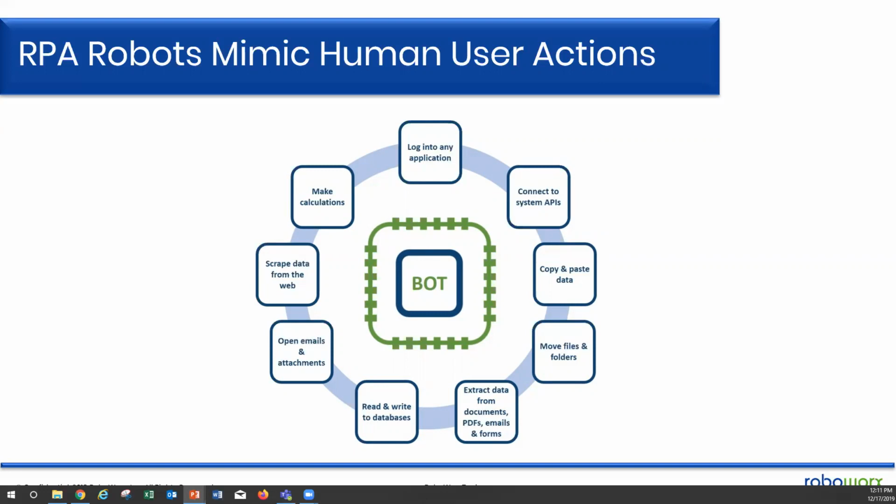So this robot is going to perhaps log into an Oracle system and look for a purchase order. And then it will log into an email system and it will receive an invoice. It will scan the invoice. It will look at the purchase order number, the vendor, the address of the vendor, and the dollar amount. Then the robot can go into the Oracle system, look for the matching PO number, make sure the vendor information is the same, the address is the same, and then it can make the calculation.